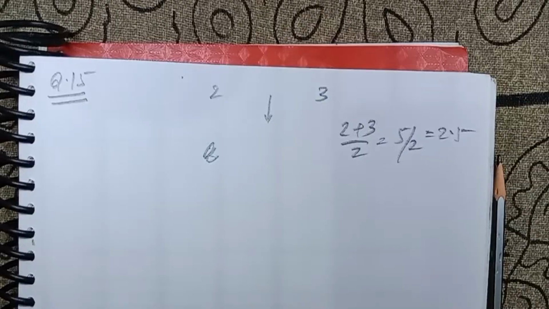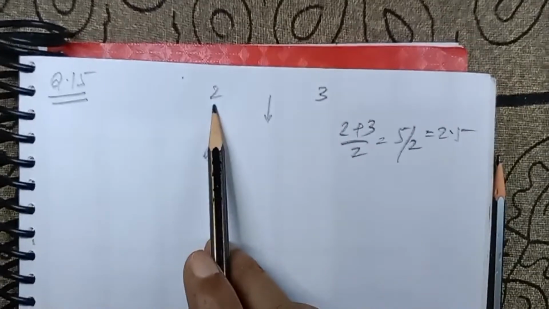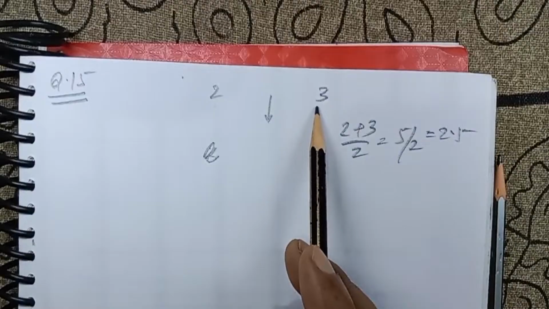So one number we have taken is 2, another number is taken 3.